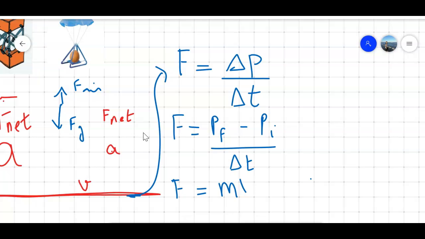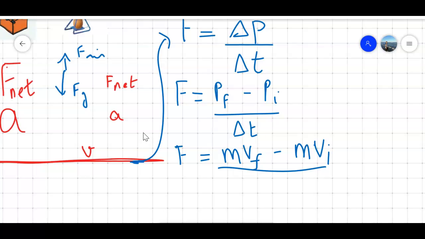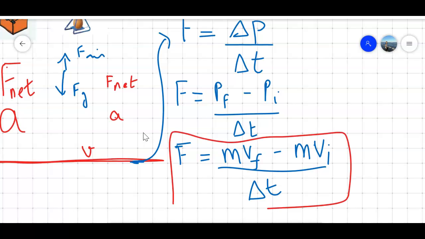So it is mass times final velocity minus mass times initial velocity, divided by time. So the force is going to be determined by this expression.